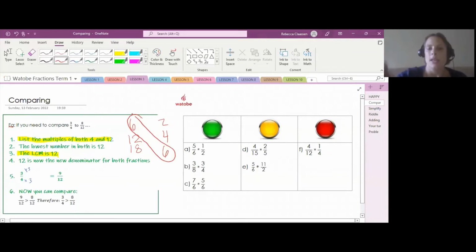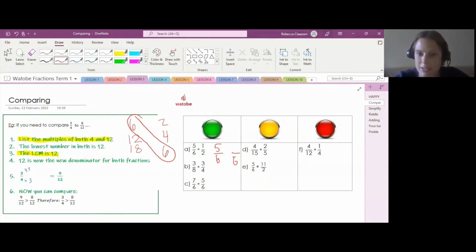Okay, and so we can keep 5 over 6 the same because we haven't changed that. And what did I have to multiply my 2 by to make that a 6? Jolie? You multiplied it by 3.